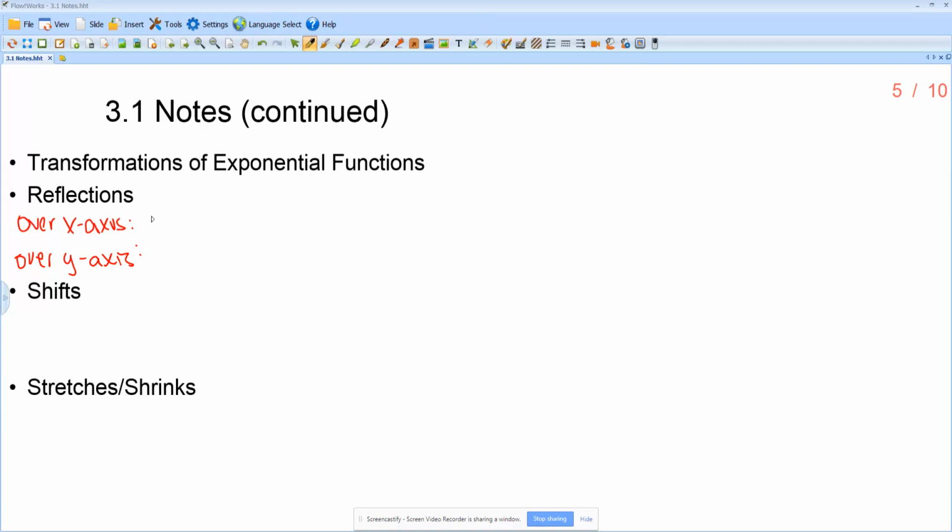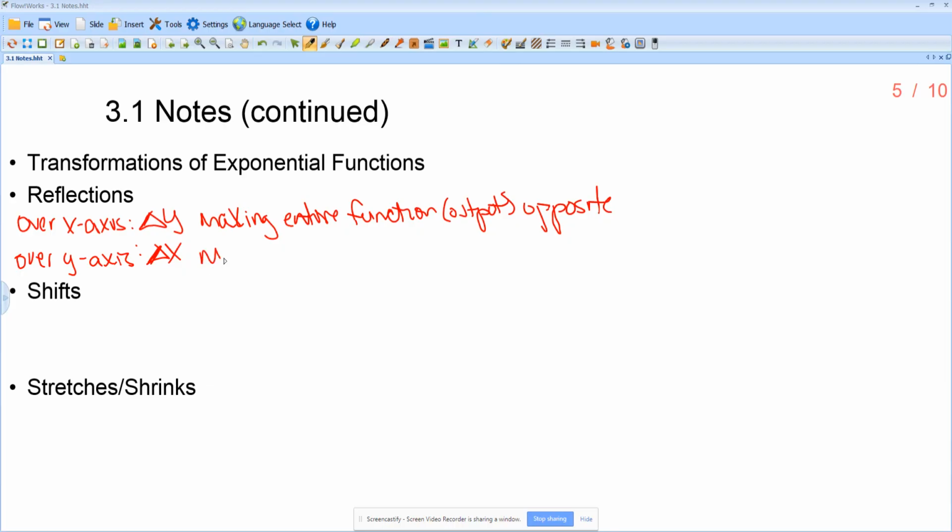A reflection over the x-axis means I'm changing the y value, and what I'm doing is making the entire function, also known as your output, opposite. If I'm reflecting over the y-axis, I'm changing my x values, which is just making the input opposite.